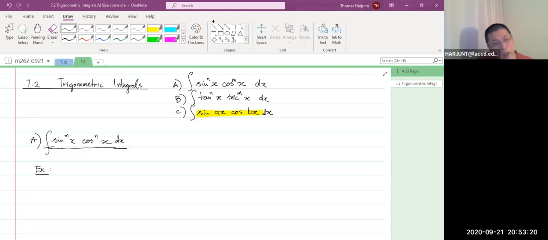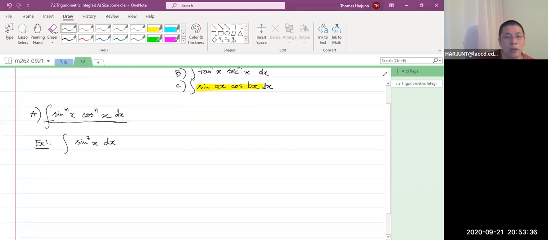Okay, suppose I have, for example, integral of sine cube x dx. The plan is the following. I need one either sine or cosine to help me with the substitution. So I will break this into sine squared x sine x dx.